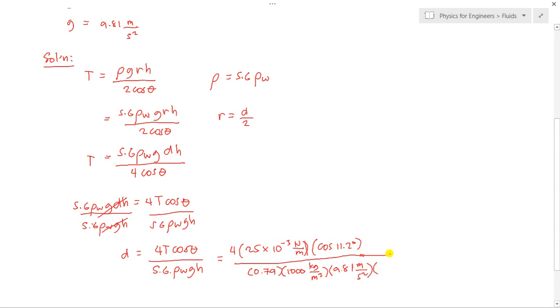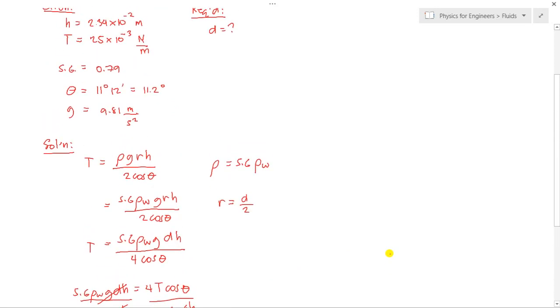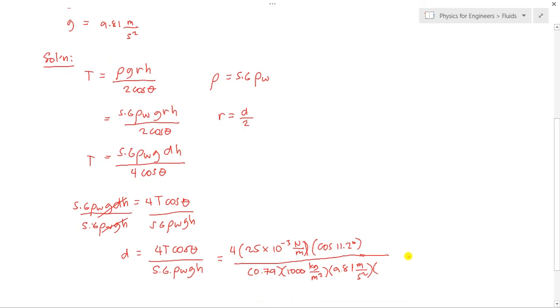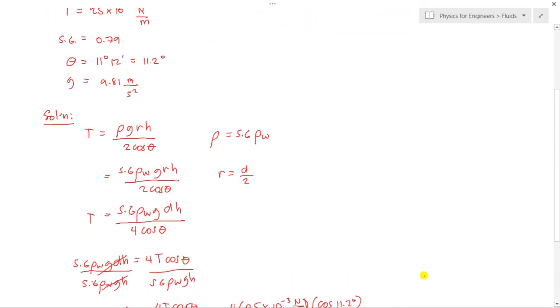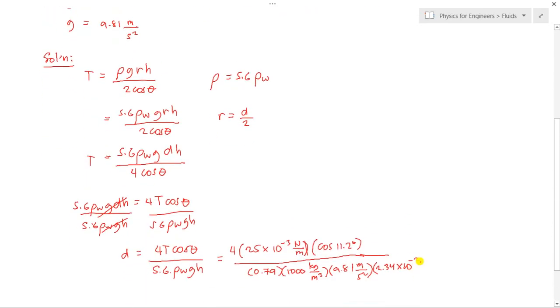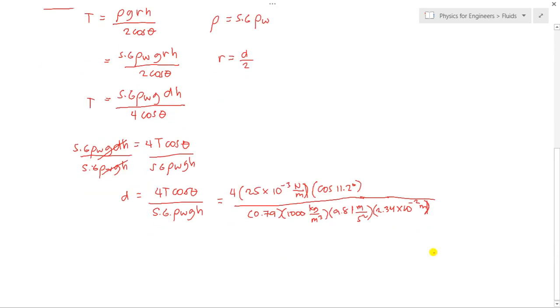The height here is 2.34 times 10 to the power negative 2 meters.